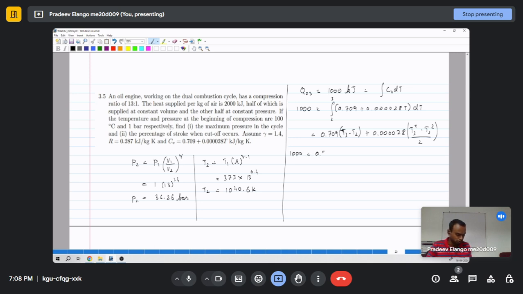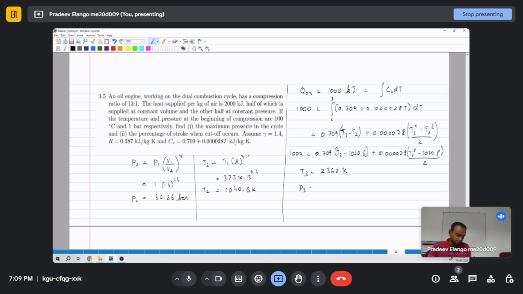So we have 1000 equals 0.709 (T3 minus 1040.6) plus 0.000028 (T3 squared minus 1040.6 squared). So this T3 is 2362 Kelvin.